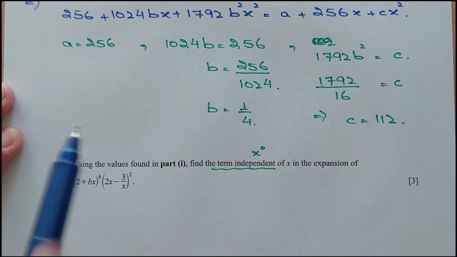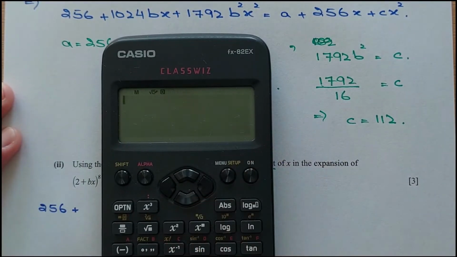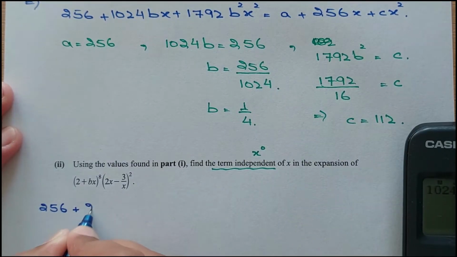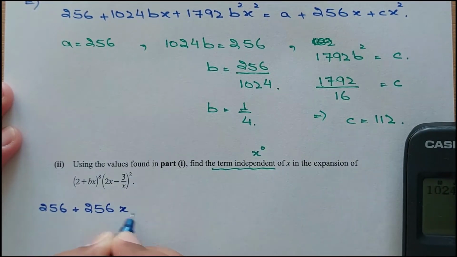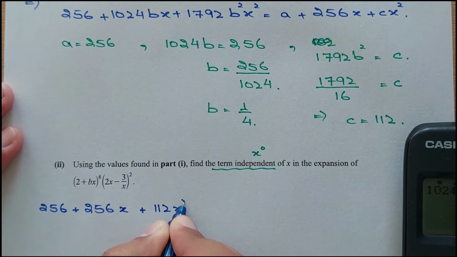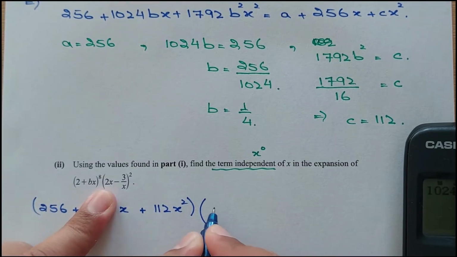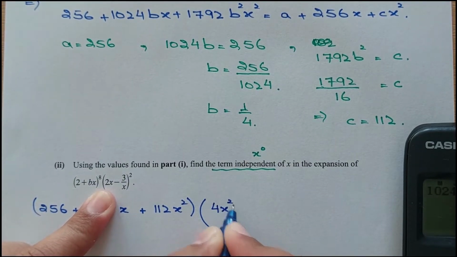So the first three terms are equivalent to this: 256 plus 1024 times b, and 1024 divided by 4 is 256, so 256x plus 112x square. This is multiplying with a square, so we open the square to the 2x square is 4x square.